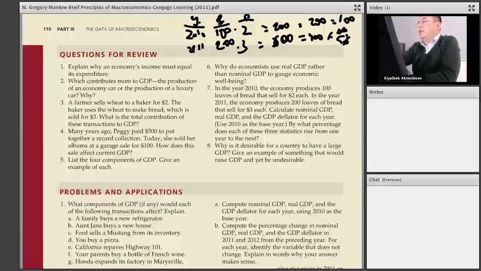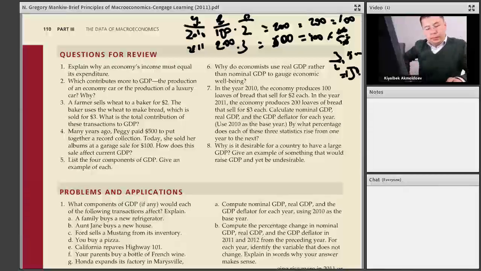So 6 over 4, which is 3 over 2, which is 1.5 times 100, so it should be 150. We have applied this to the GDP deflator.